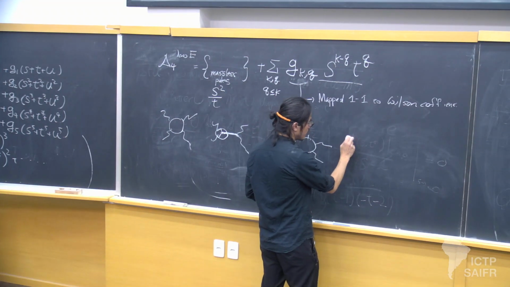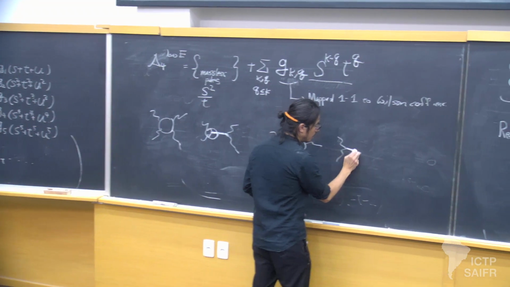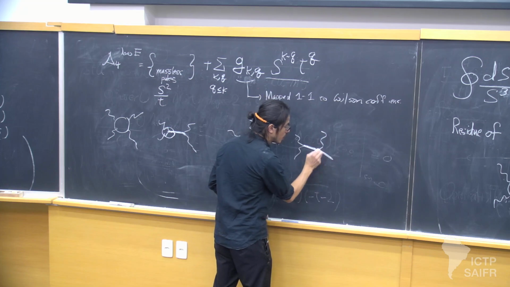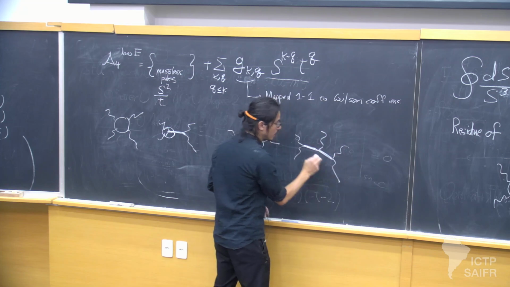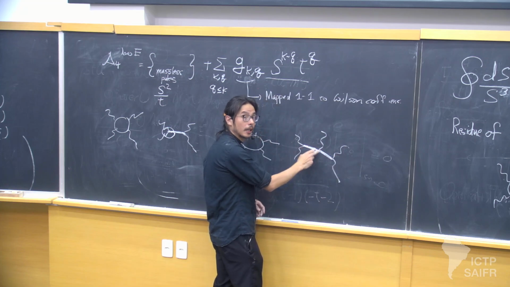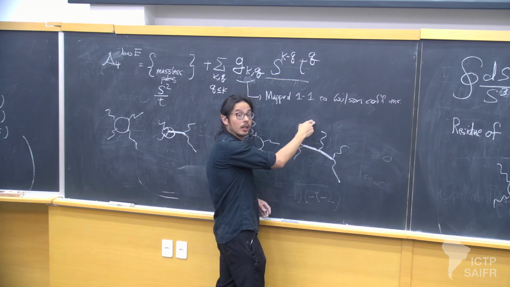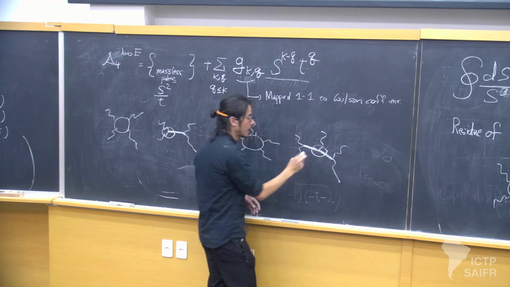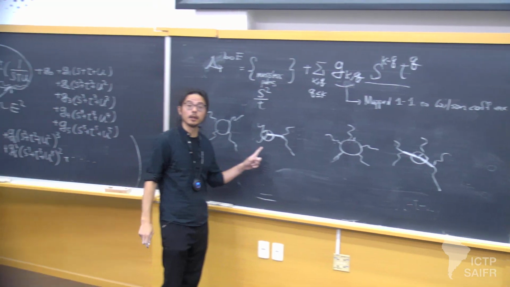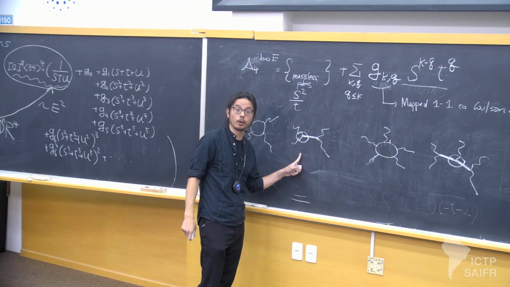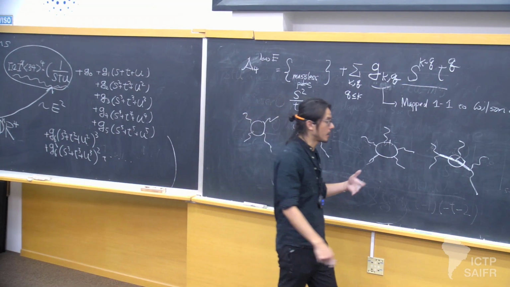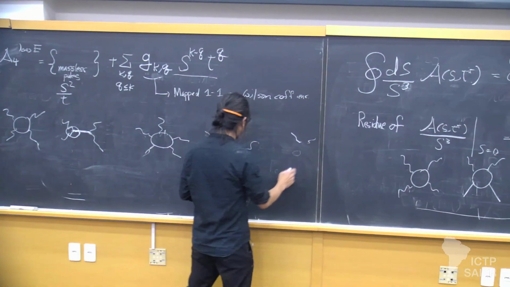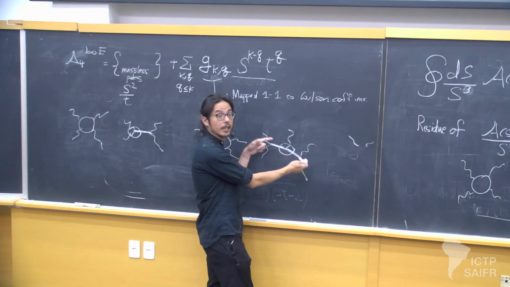The constraint is that you get the UV state here. Now you get a constraint on the cubic coupling of two UV states with a low-energy state. This vertex never appeared in the original 4-point amplitude, right? So as you go to higher and higher points, you basically have the UV states interacting with each other.